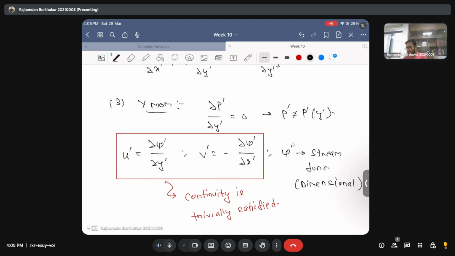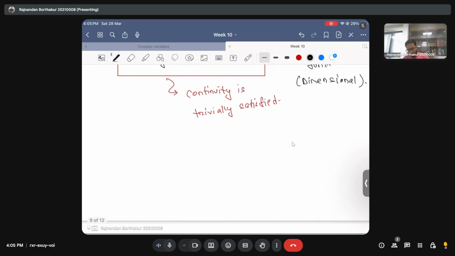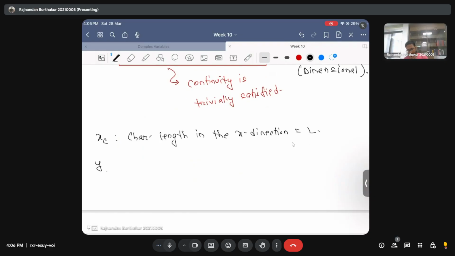First of all, we'll choose the characteristic variables that we have at our end. For example, xc, my characteristic length in the x direction, we will choose as L. Then my characteristic length in the y direction comes out to be equal to delta.